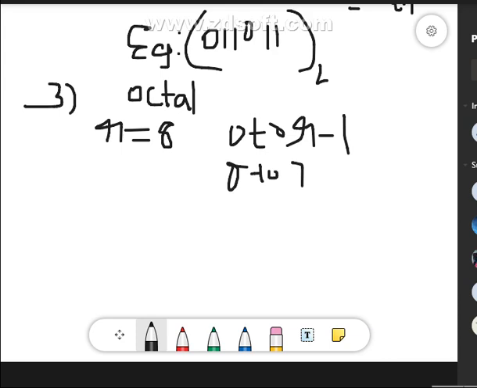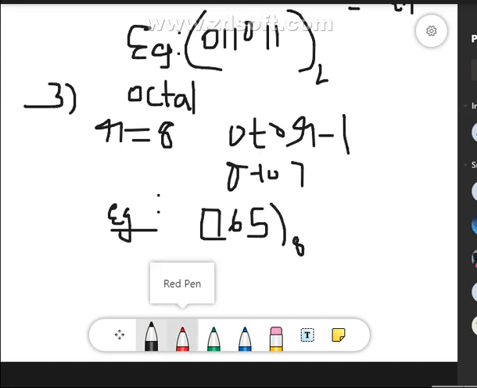The example for an octal number: can we write 768? No. Why? Because you have to use numbers between 0 and 7 only. So 765 to the base 8 is the example for the octal number.